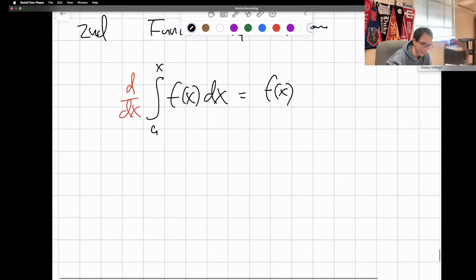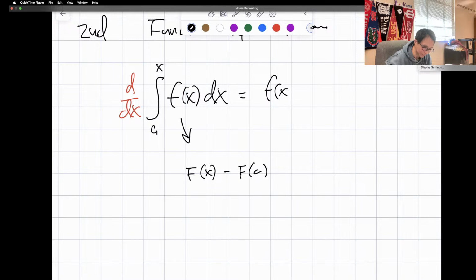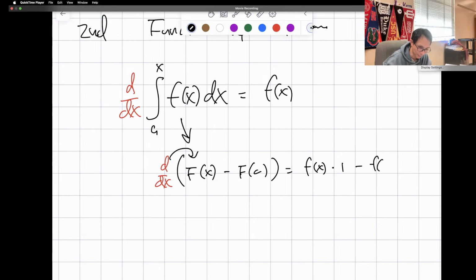So if I integrate this, which is the black part, that's going to give you F of x minus F of a, right? And I'm going to take a derivative of this part. So the integral of non-capital f becomes capital F. And that's equal to, well, if I take a derivative of this, it becomes non-capital f of x times the derivative of x, which is 1, minus f of a times the derivative of a, which is 0.